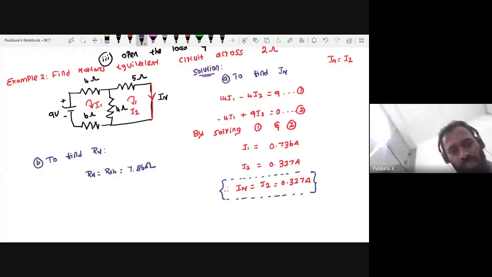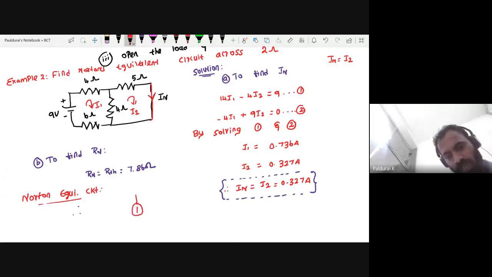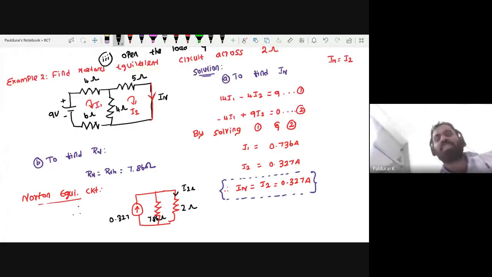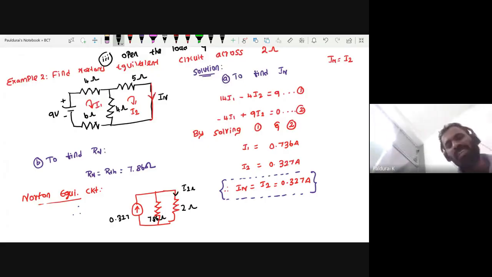Therefore the Norton equivalent circuit is one current source in parallel with one resistance, and finally connect the load. The load is 2 ohm. This is my 7.86 ohm, and this is 0.327. Now if you find I through 2 ohm, you will get the same answer. So this is my Norton equivalent. So got the idea. First understand the theorem clearly, then you can play with any circuit.